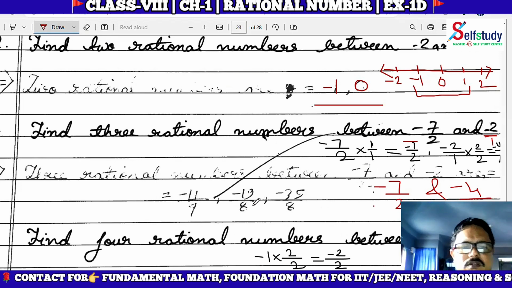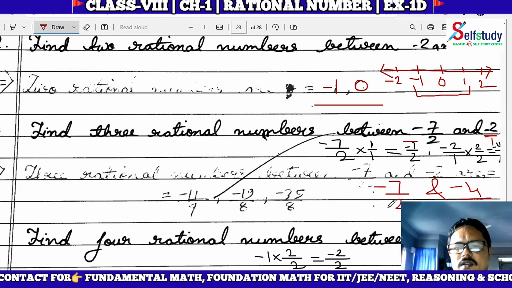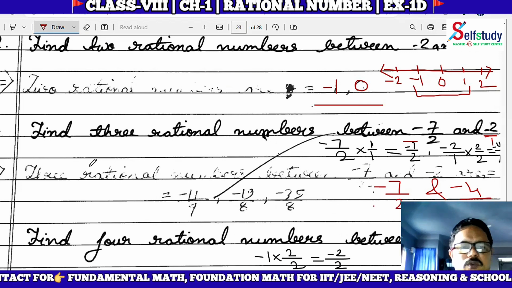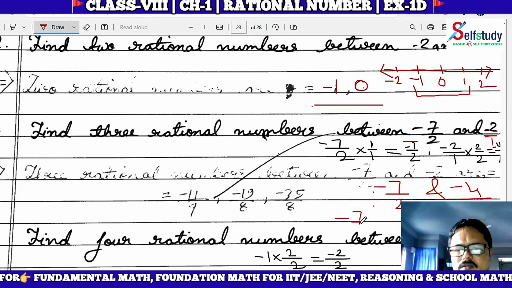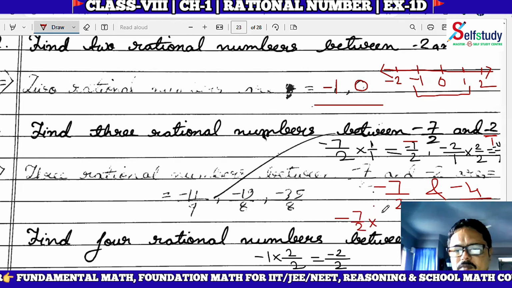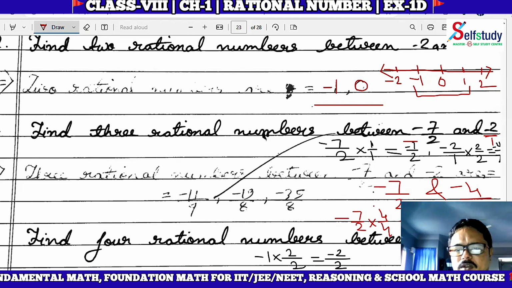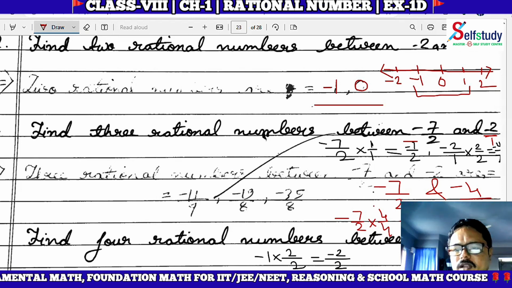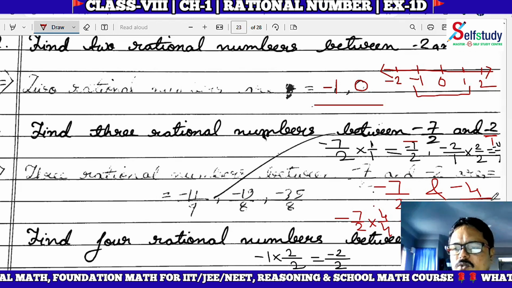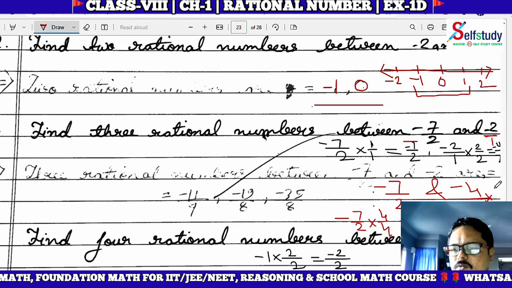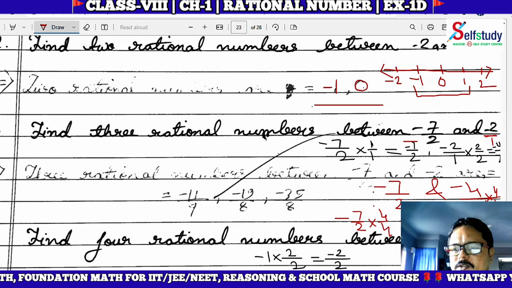So here what this student has done, he has made the denominator equal to 8, and for that I think he has multiplied by 4 upon 4. So this will be minus 28 upon 8, and in the same way if you multiply minus 4 by 2 into 4 by 4, this will be minus 16 upon 8.